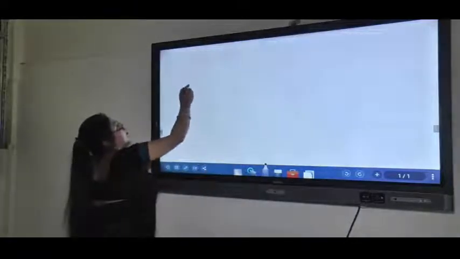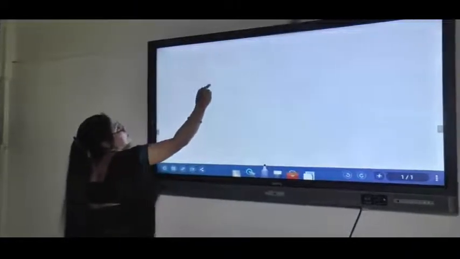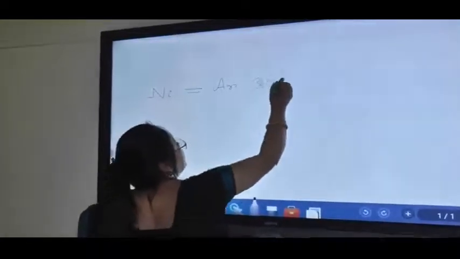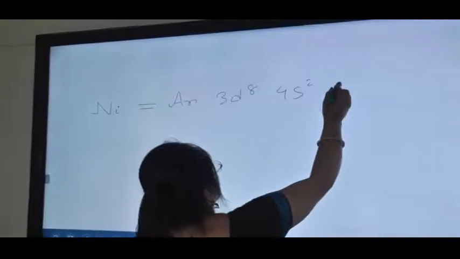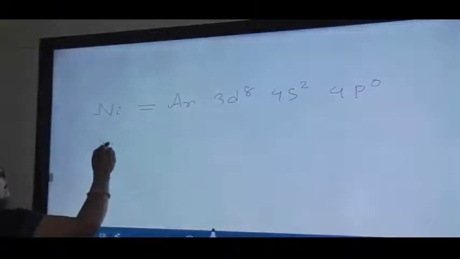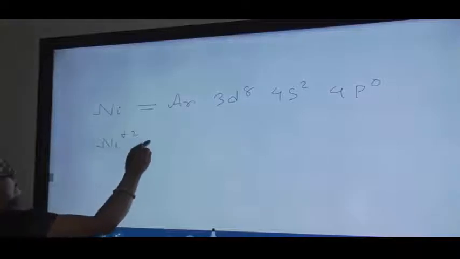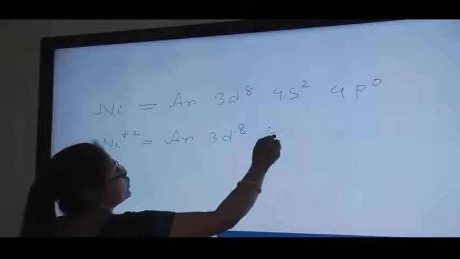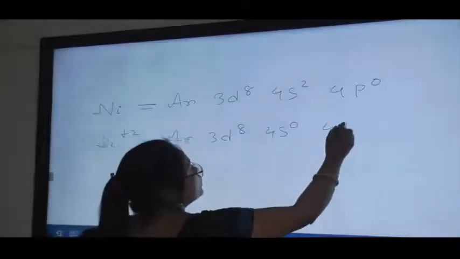Suppose we have nickel. Nickel is argon 3d8 4s2 4p0. Now, nickel in the +2 state will have 8 d electrons, 4s0 4p0.